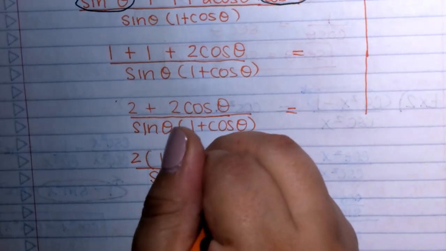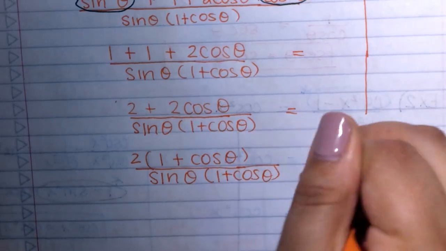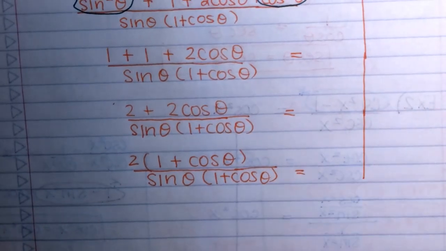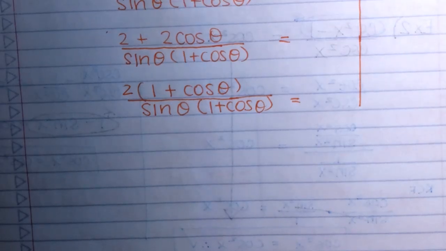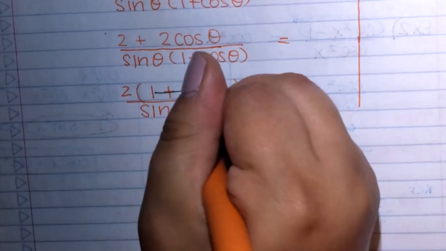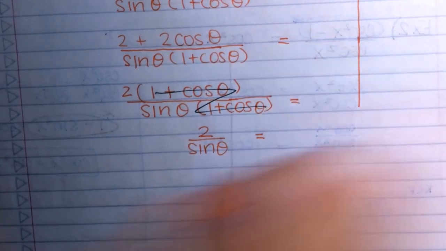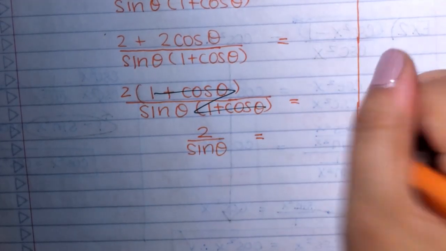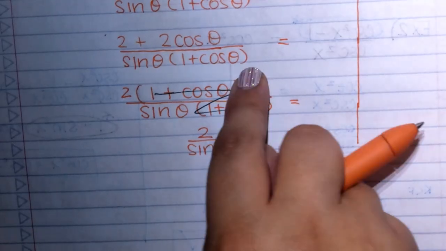Are you seeing it? And then what? They cancel. And I'm left with... and if sine of theta is on the bottom, how do I move it up?